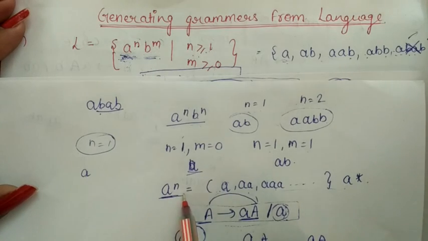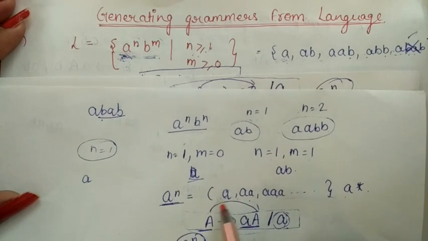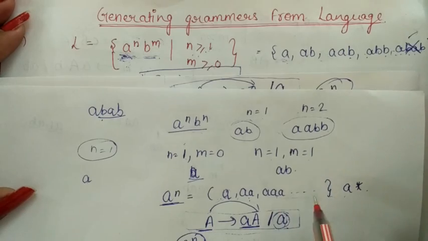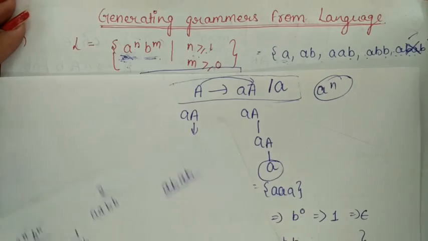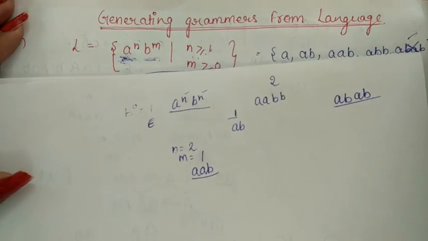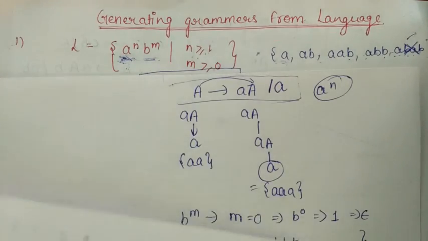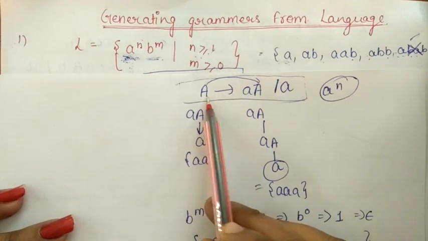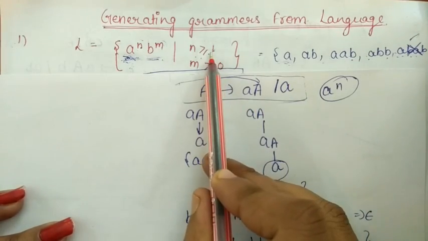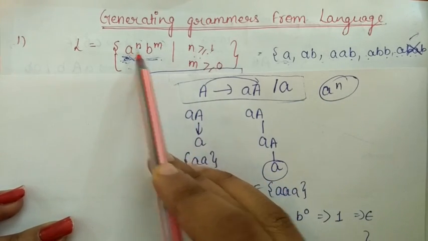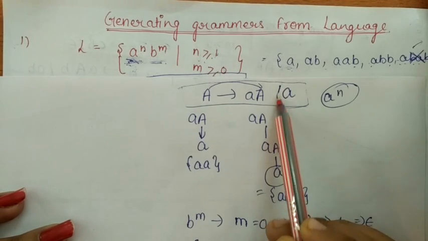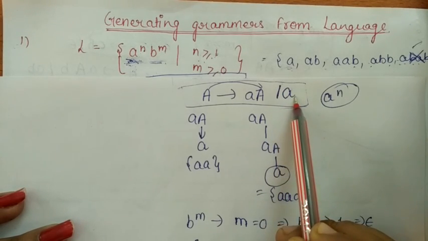So, what is a to the power n? A to the power n means any combination of a. It can have 1 a, or 2 a's, or 3 a's, or 4 a's. It can have any number of a's. So how will we write the grammar for a to the power n? Suppose the value of n is equal to 1 here, which means it will generate a minimum of one a. So we can take a terminal a here.